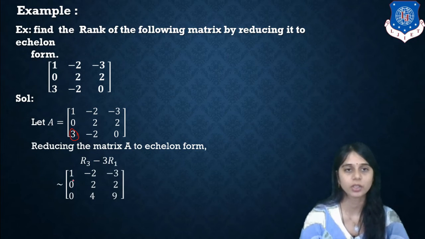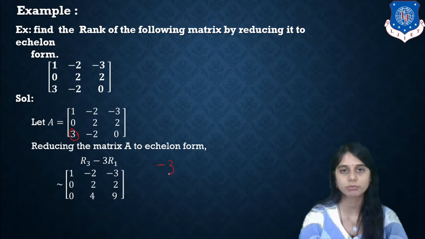We get 1, minus 2, minus 3 as it is; 0, 2, 2 as it is; 0, minus 2 minus 3 times minus 2, so we get 6 and minus 2 plus 9, so it is 4 and 9.